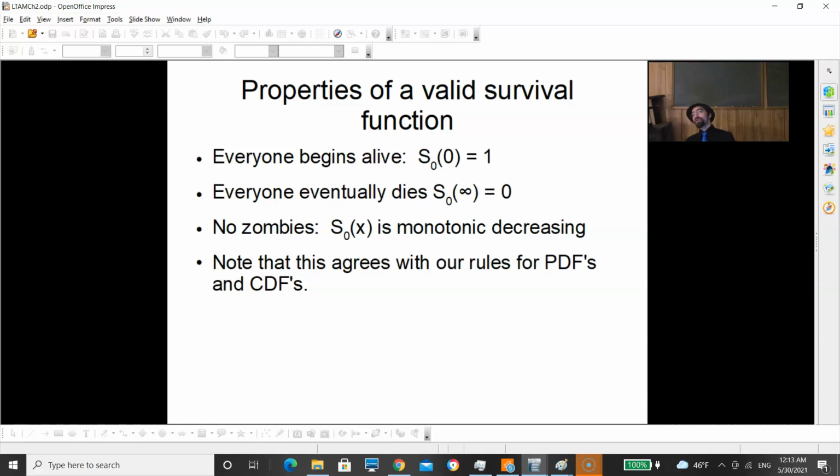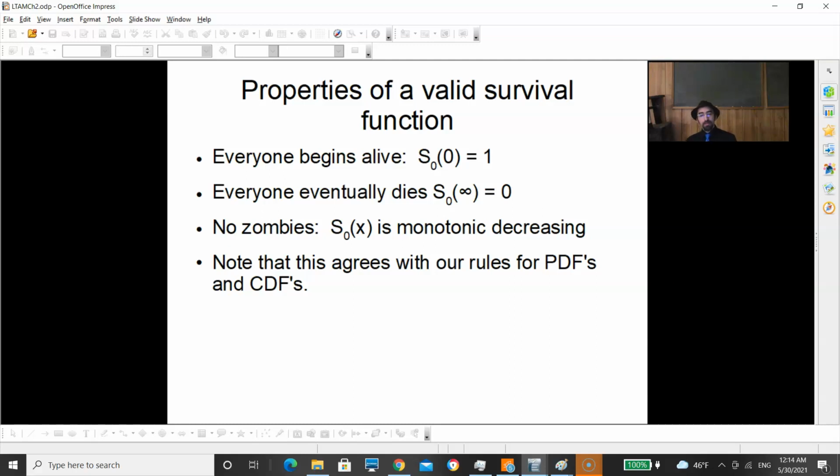Notice that these rules agree with the rules we have for probability density functions and cumulative distribution functions. The cumulative distribution function is an increasing function that goes from 0 to 1. Since the survival function is 1 minus that, it's got to be a decreasing function that goes from 1 to 0.